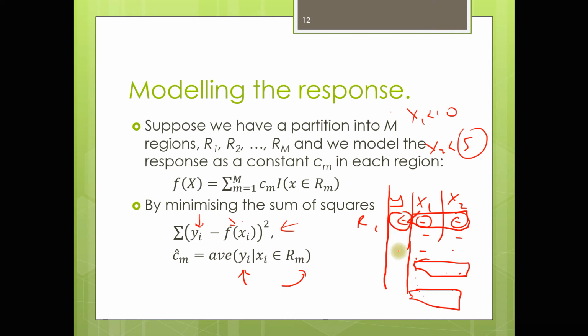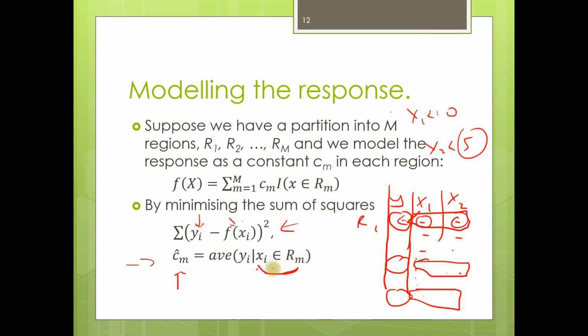Then you would take these 3 values and do their averages. By doing the averages, you get a constant fitted for that region 1. Okay, so that's the principle behind it. You're going to do an average of your output with respect to the values of x within the region concerned.